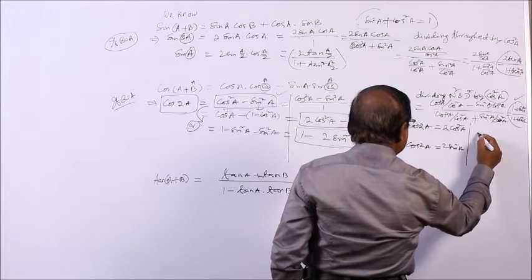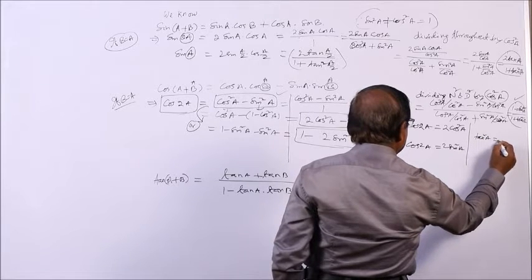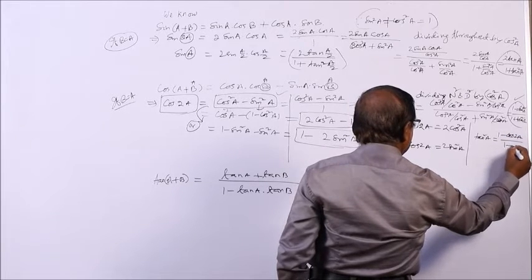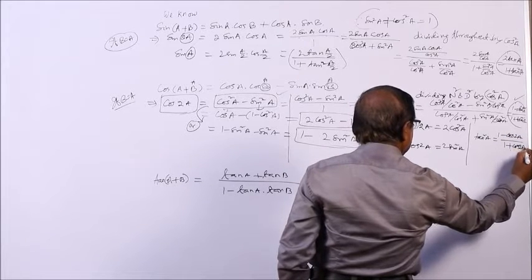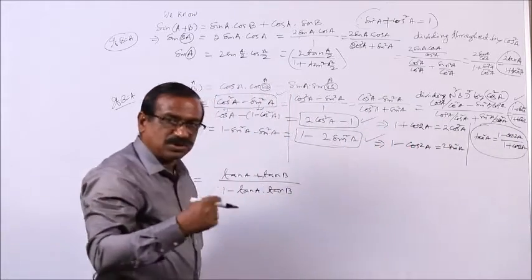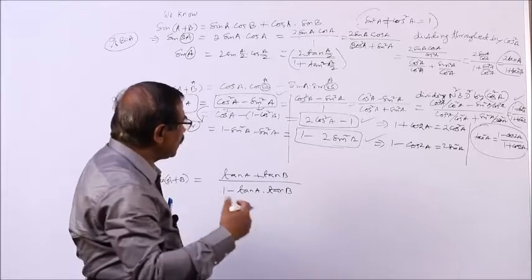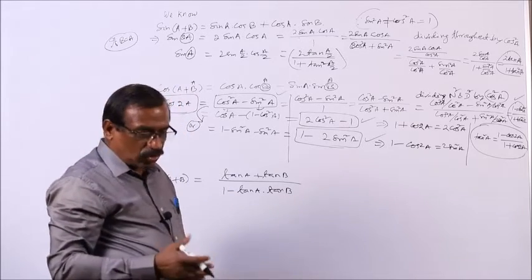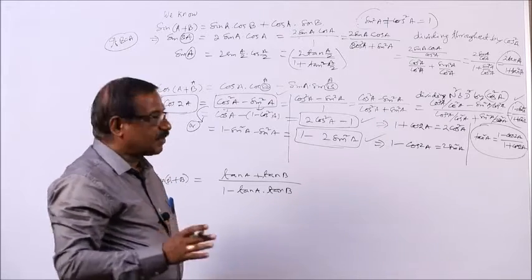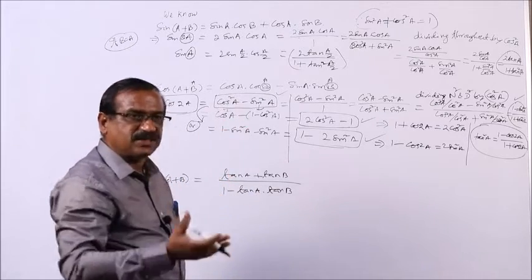That means tan square A is equal to 1 minus cos 2A by 1 plus cos 2A. Why am I writing this? Because we will use these formulas while solving trigonometrical problems, because trigonometry depends only on formula. If a student gets this formula, then it is very easy to solve the problems.